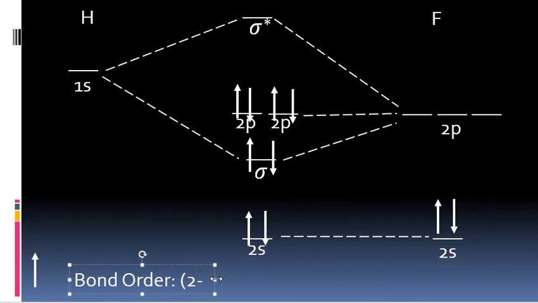So 2 minus 0 is going to then be divided by 2 to get the bond order. Or, well, 2 minus 0 is 2, 2 divided by 2 is 1. We have a bond order of 1. So what would we expect between a molecule consisting of hydrogen bonded to fluorine? Well, a single bond. That's what the bond order of 1 represents. And that is what we do see.